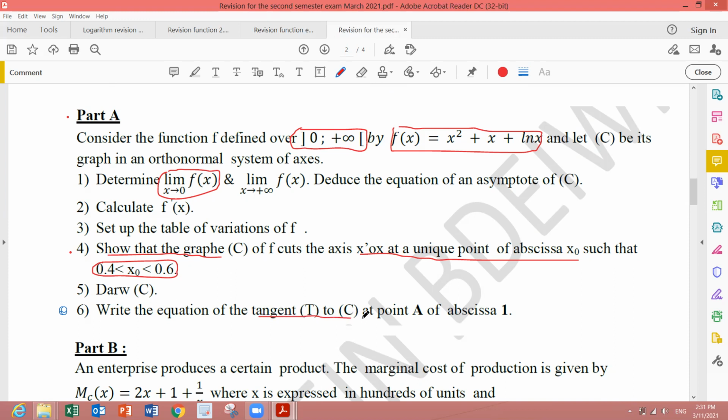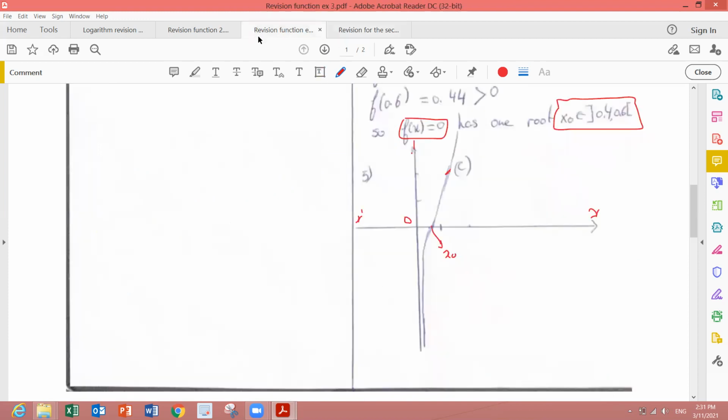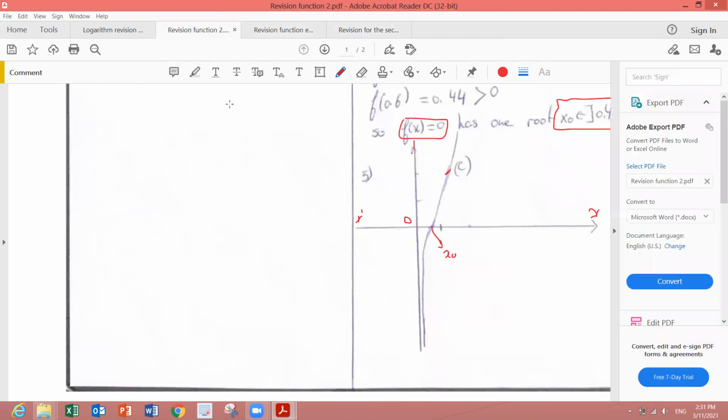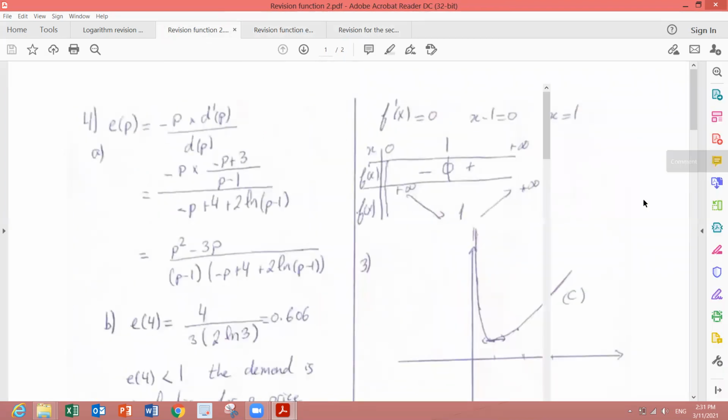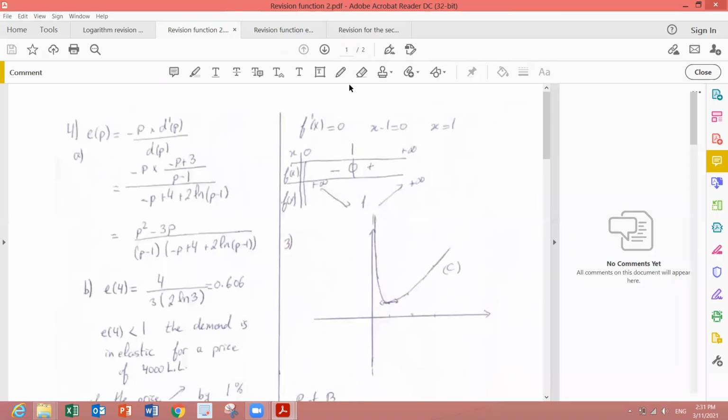We need yA and the slope. How to calculate yA? We replace in f of x. Then the slope is given by the derivative.